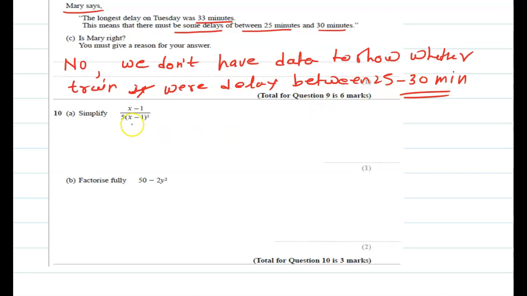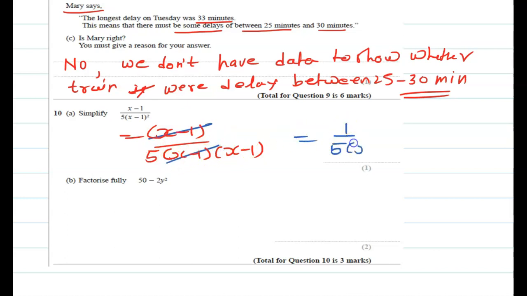Okay, next one is, if you see this question, x minus 1 divided by 5x minus 1 squared. So the first step will remain the same, and 5x minus 1 squared, you can write as x minus 1 times x minus 1. So x minus 1 and x minus 1 cancel, so you get the answer 1 over 5x minus 1.